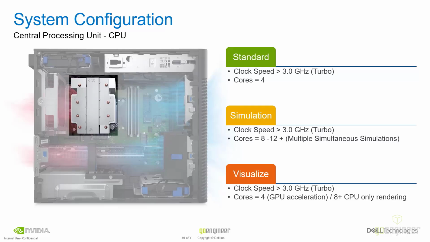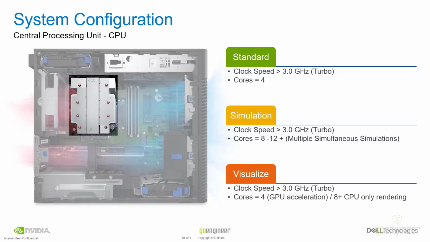I'll focus on the Visualize one for today, but just know that there's some recommendations in here for the other use cases as well. So for Visualize, what we like to see is something above a 3 gigahertz turbo speed on the CPU. That's to keep that interactivity up, and also to be able to load all the data from the CPU into the GPU. And that usually means you want to have 4 CPU cores for GPU accelerated renderings.